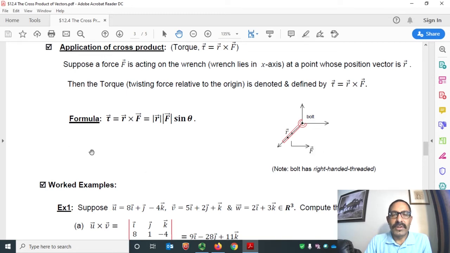Then torque equals r cross F, which by definition is magnitude of r, magnitude of F, sine theta. Awesome. Now with this theory concept, let's do some examples.